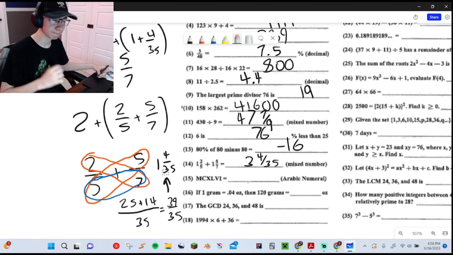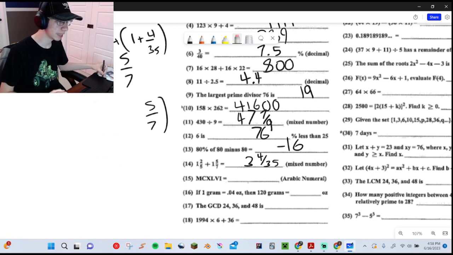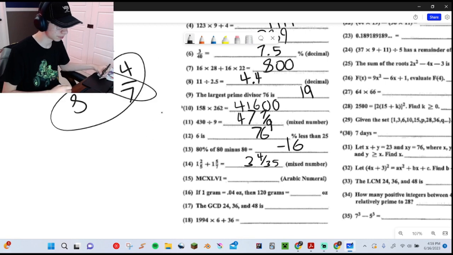So let's try again with the butterfly strategy. Let me make up two fractions. So let's say I had 5 over 8 plus 4 sevenths. So I'm going to do this cross plus this cross.